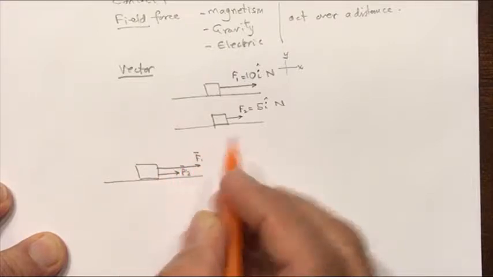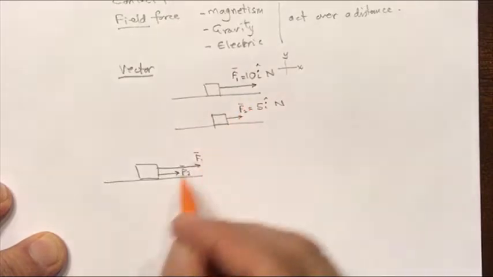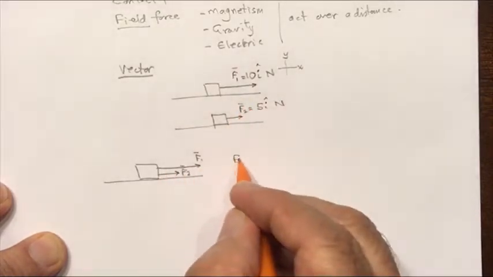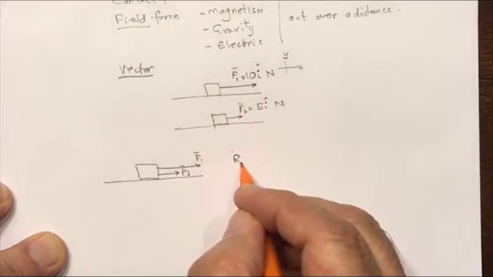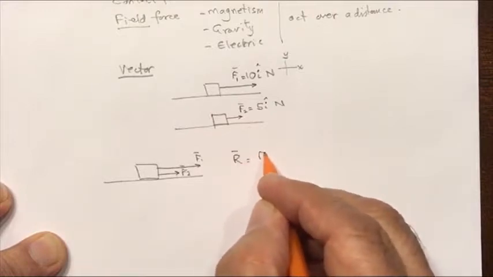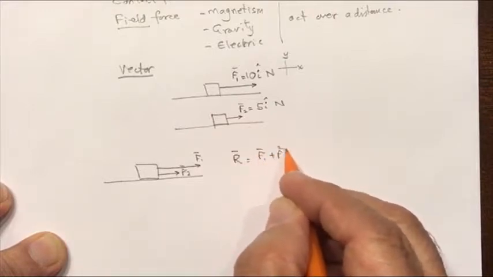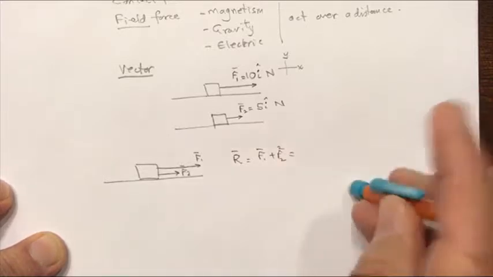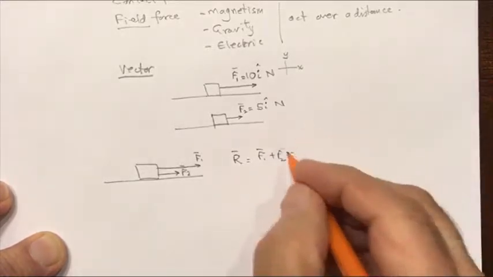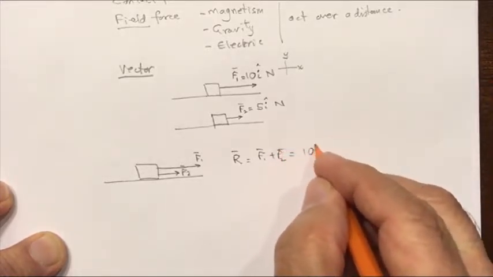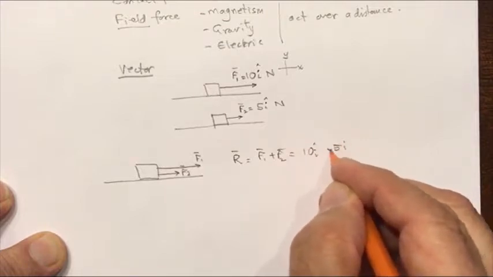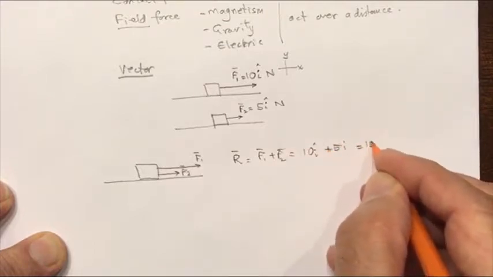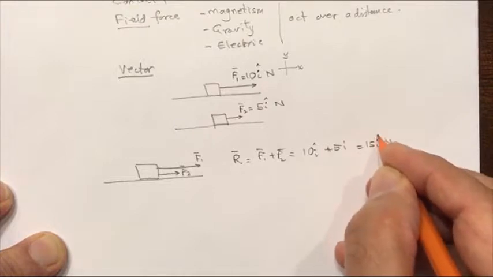They're both pulling towards the right, and so the resultant becomes F1 plus F2, which is 10i plus 5i, which becomes 15i newtons.